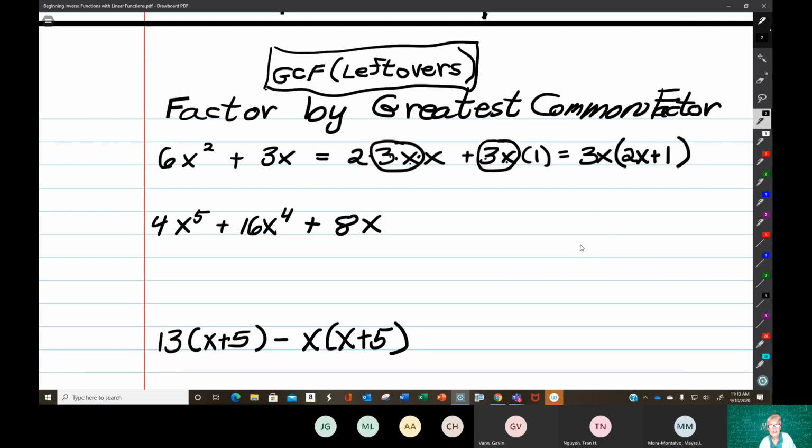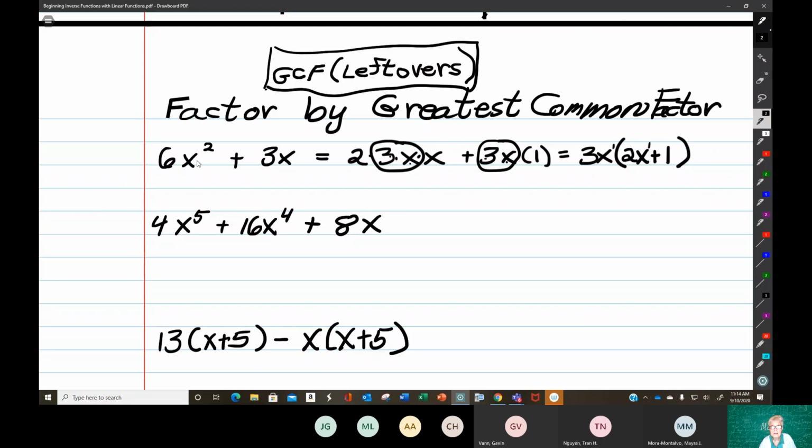A way to check yourself to make sure you did it right is to say, what if I took this 3x and multiplied it by 2x? I would take the 3 and the 2 and multiply them together and get 6, and that's what I've got here. And I would take the x times the x, x to the 1 times x to the 1 is x to the 1 plus 1, which is x to the 2.